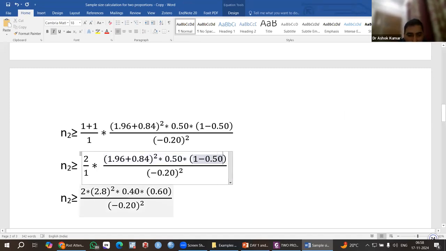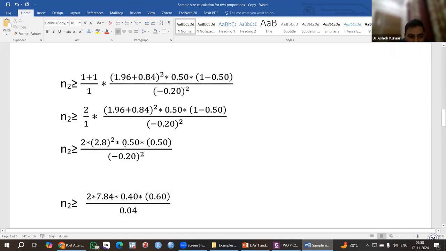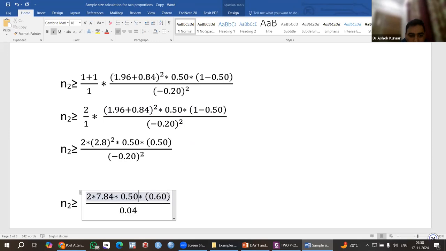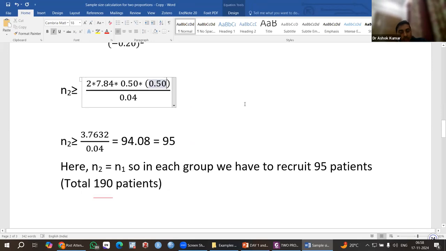So it is 50. It is again 50. 1 minus 50, it is coming 50. So all the things are the same, but the difference is only here. So it is very simple to calculate sample size for two groups or even more than two groups. Very good. Then I have to calculate this. Okay, so I have to use my calculator.